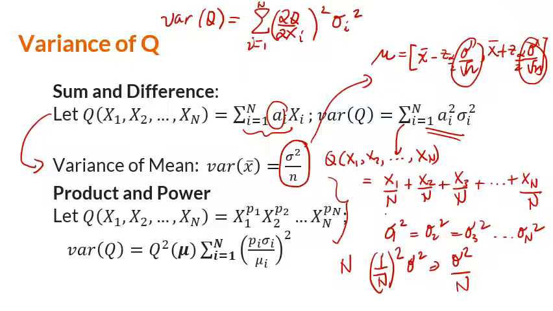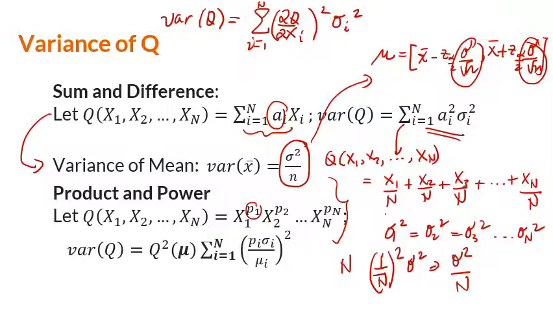For your product and power, so you have this formulation q of x sub 1, x sub 2, and so on until x sub n. If it's a product of x sub 1 to the p sub 1, may power kang p, x sub 2 to the p sub 2, and so on until x sub n to the p sub n. So nasa Turner naman yung derivation nito.